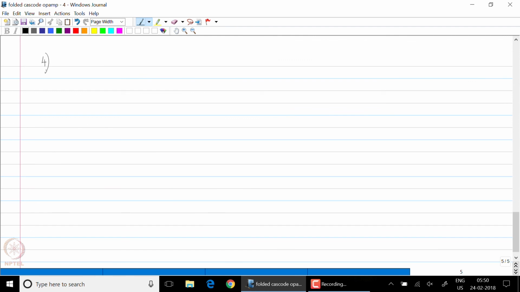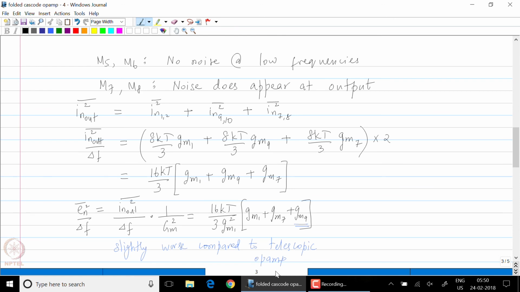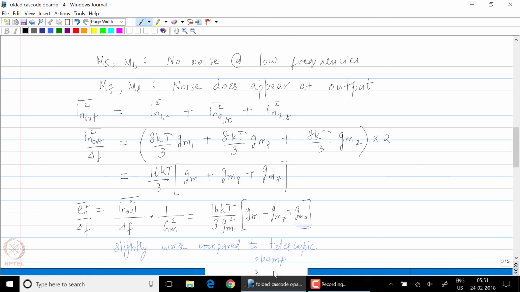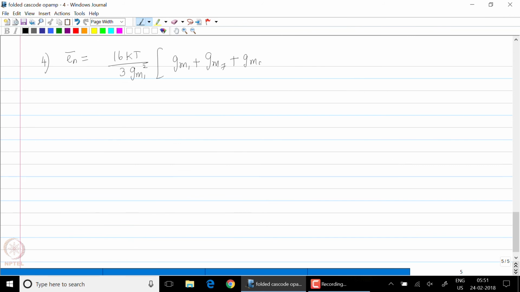The fourth expression is going to be the input referred noise, which we have just calculated. The input referred noise of the op-amp is going to be 16 kT by 3 GM1 squared into GM1 plus GM7 plus GM9. As I pointed out before, this is going to be slightly worse than that for the telescopic op-amp.